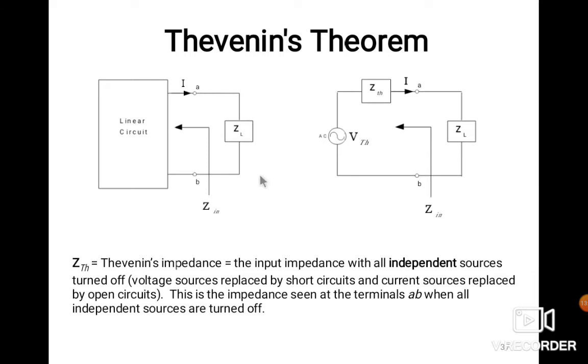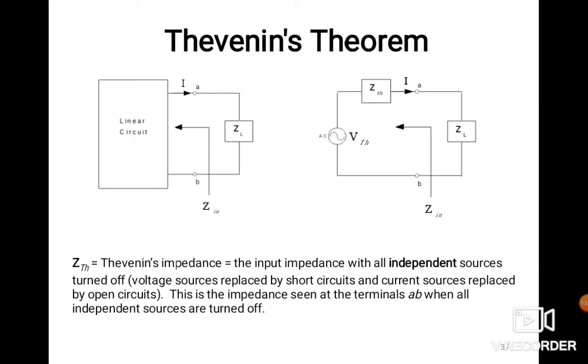Now the statement is similarly same, only the voltage source is changed. So ZTH is equal to Thevenin impedance, where earlier in the DC circuit we said Thevenin resistance. Now Thevenin impedance is equal to input impedance with the independent source turned off.